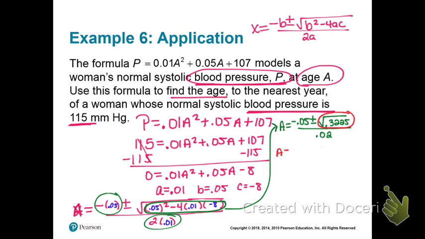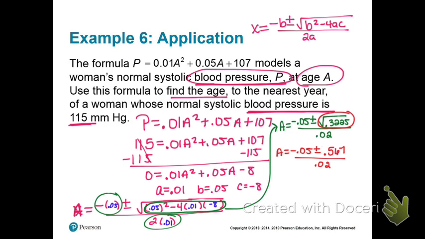So we got A equals negative 0.05 plus or minus the square root of 0.3225, rounded to 3 decimal places: 0.567. Y'all agree? Yes, okay. Just making sure. Over 0.02.